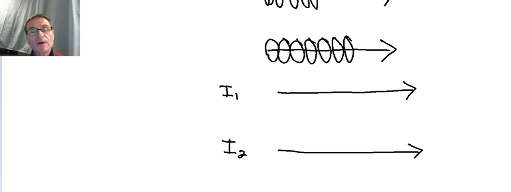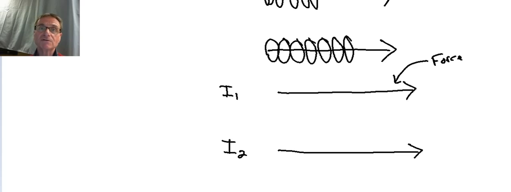Now, there's going to be a force on the top wire that's due to the magnetic field of the bottom wire. And so we need to figure out just how that magnetic field from the bottom wire is going to impact the top wire.